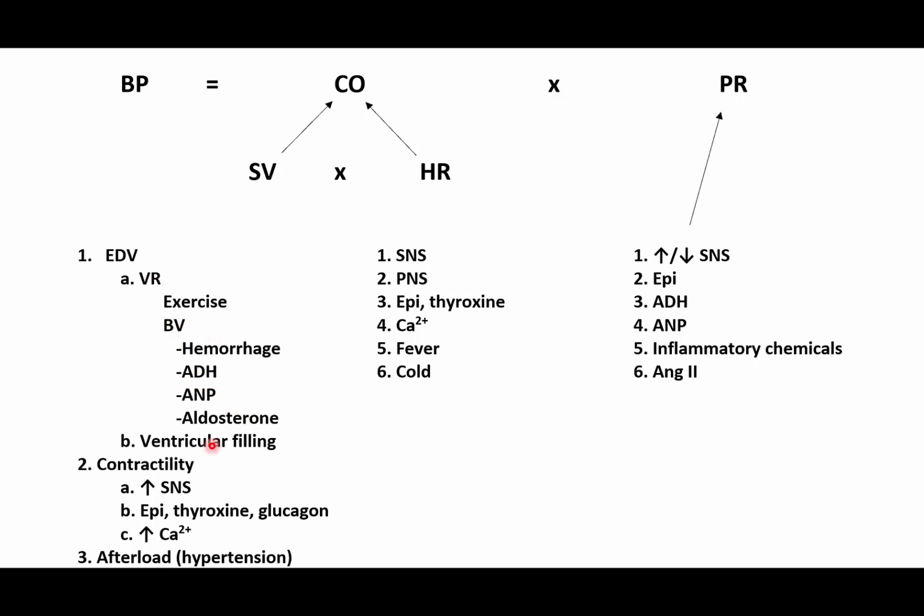That's pretty straightforward. But if we get down here, let's just say thyroxine. Thyroxine is under contractility. We do not say that contractility is under any of these things right here. 2 means this is one of the things that regulate stroke volume. So thyroxine regulates contractility, which regulates stroke volume. I understand that can be a little bit confusing right now, but in a little bit we're going to apply these things and hopefully that will clear it up.